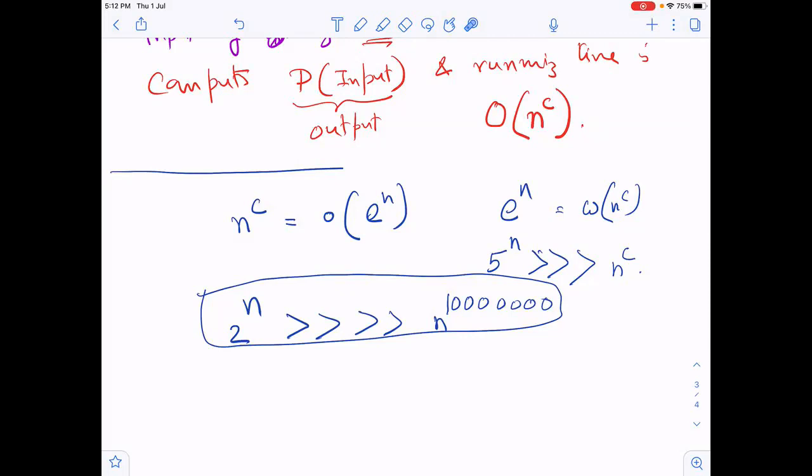A computer in say 1970 could handle only inputs of size 20, but a computer in 1972 could handle size say 400. And modern day computers can handle inputs of size which goes into gigabytes.